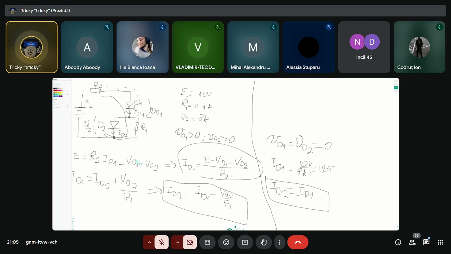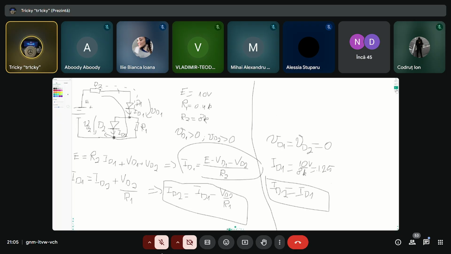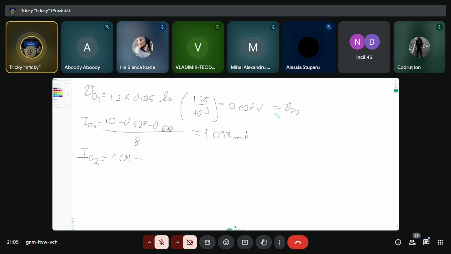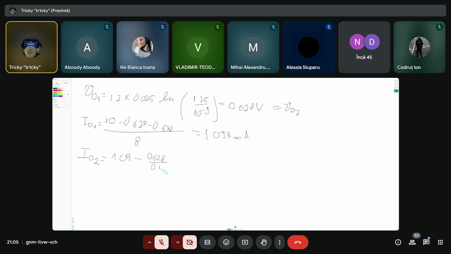And we'll do the same for ID2. We can write ID2 1.093 milliamps. Actually, not milliamps. Minus VD2 divided by R1 minus VD2, which is 0.628 divided by R1, which is 0.4.